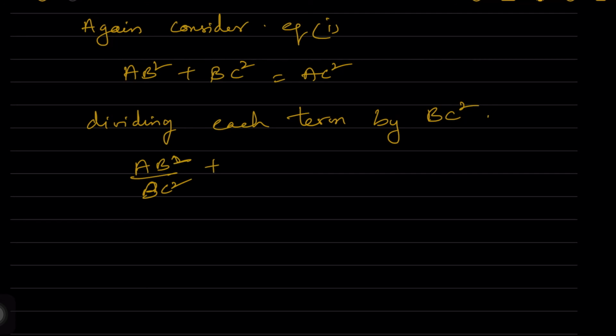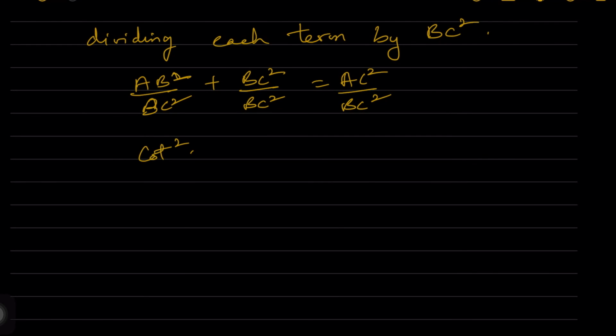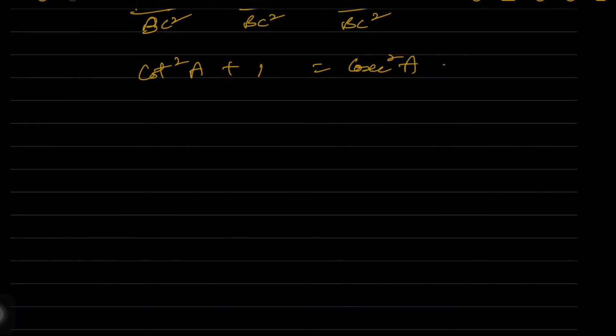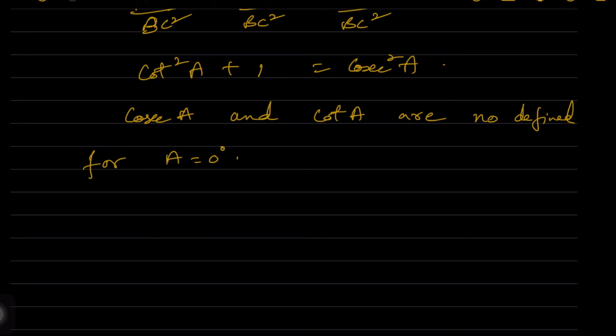So AB square by BC square plus BC square by BC square is equal to AC square by BC square, which is cot square A plus 1 is equal to cosecant square A. Cosecant and cot A are not defined for A equal to 0.